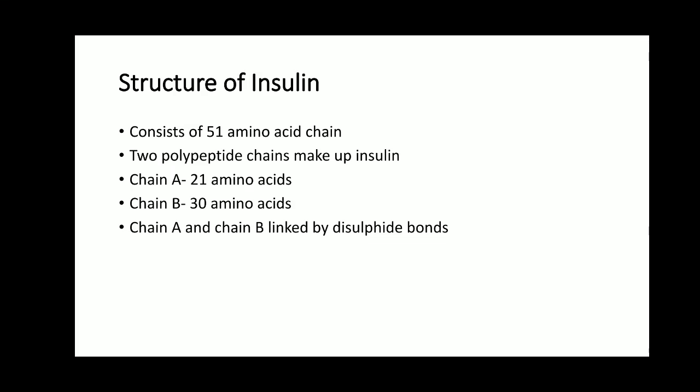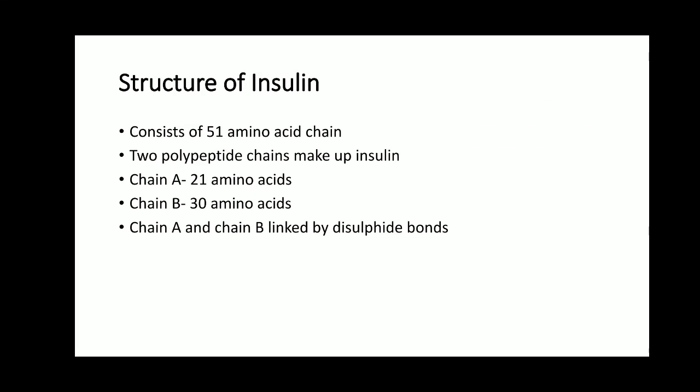First, it is produced as a pre-proinsulin, which contains a signal peptide. This signal peptide is cleaved to form a proinsulin, and then further polypeptide chains are removed, resulting in the formation of the active insulin.